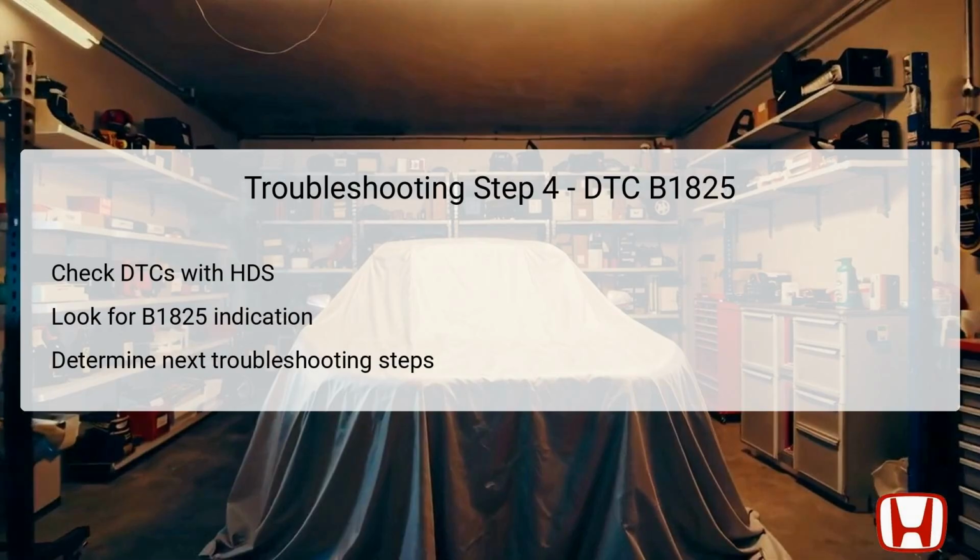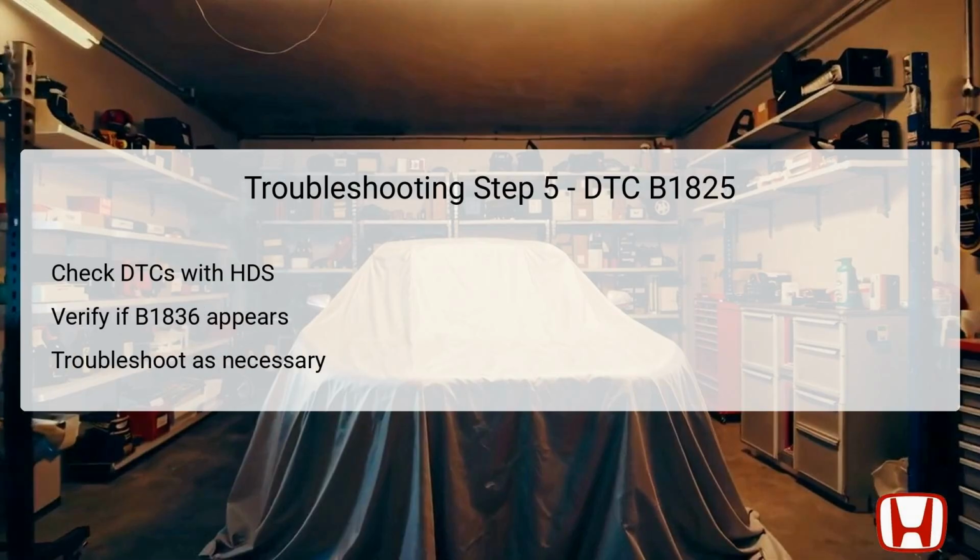Conversely, if no code is present, this suggests that the issue may be intermittent or temporary. If B1825 is indicated, the next course of action will lead to further, more specific diagnostics. This process emphasizes the importance of continuous monitoring of DTCs throughout the troubleshooting procedure to ensure an effective resolution.